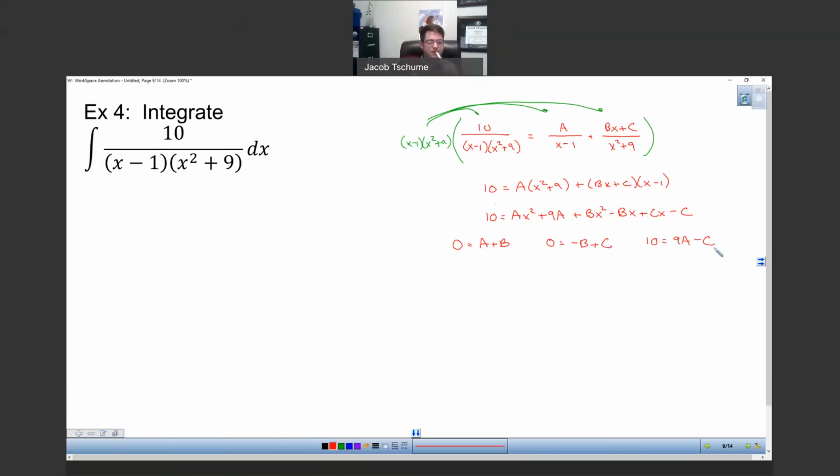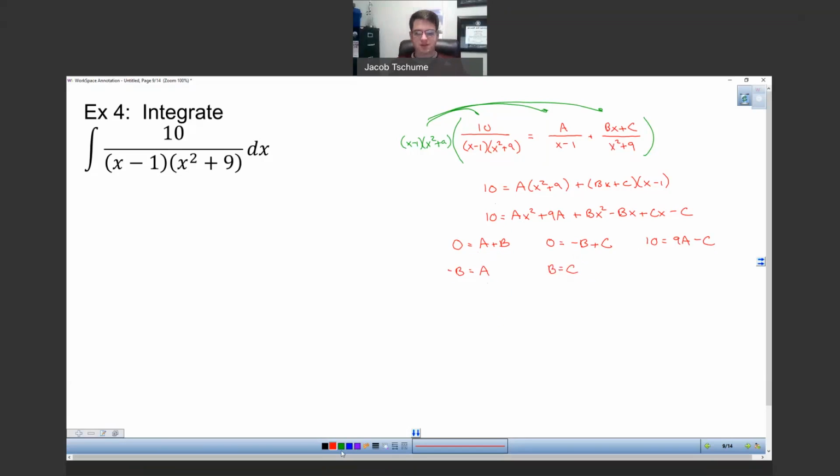All right, so let's see. Kind of approaching this the exact same way. I need to get one of these equations all into the same letter. So kind of like the last one. On the first one, I'm just going to get A and B on different sides. So I can say that A equals negative B. On the second equation, kind of the same idea. I'm going to move the B over, and I can see that C and B must be the same thing.